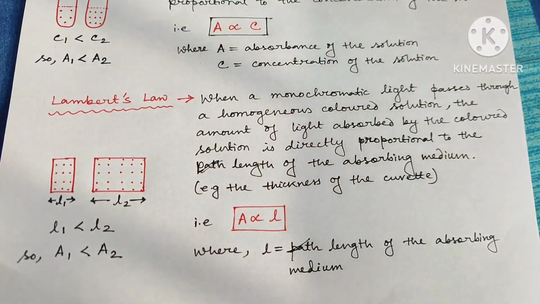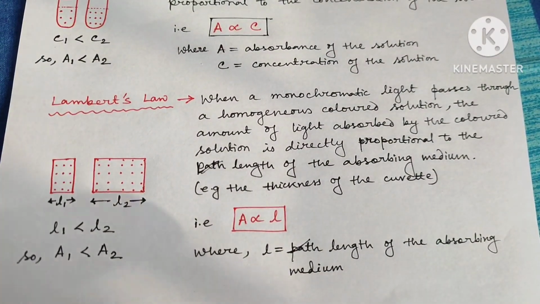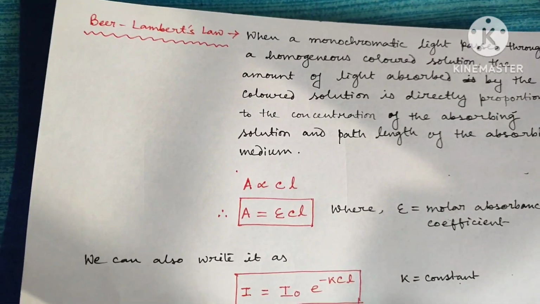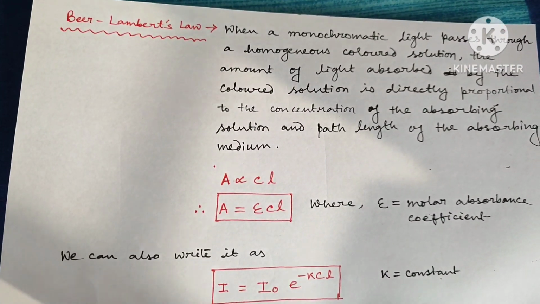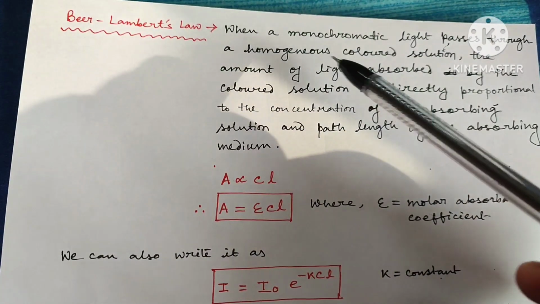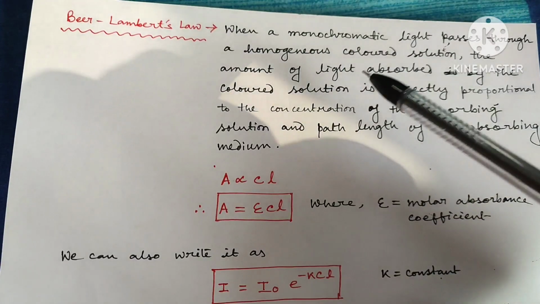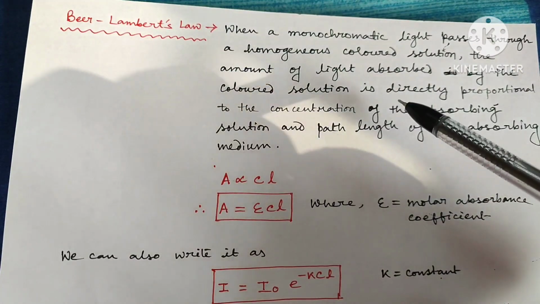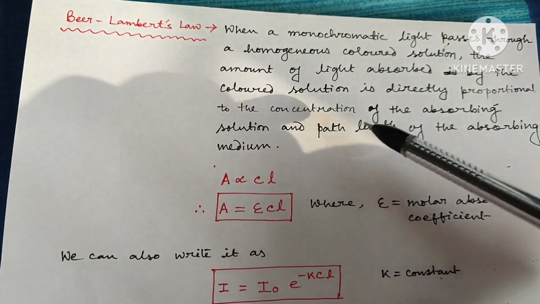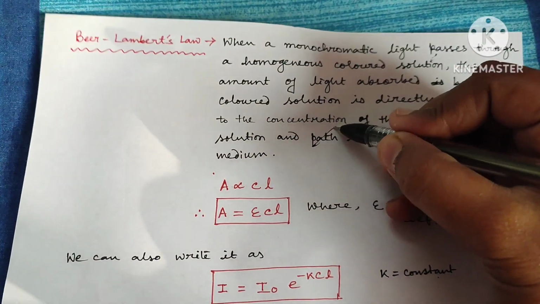Got it? So whenever we combine these, we will get the Beer-Lambert's law. What does the combination of these two laws say? Whenever a monochromatic light passes through a homogeneous colored solution, the amount of light absorbed by the colored solution is directly proportional to both the concentration and length of the absorbing medium.